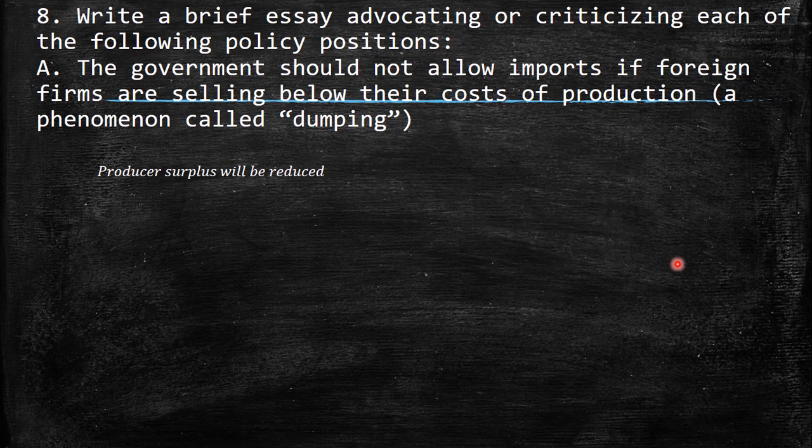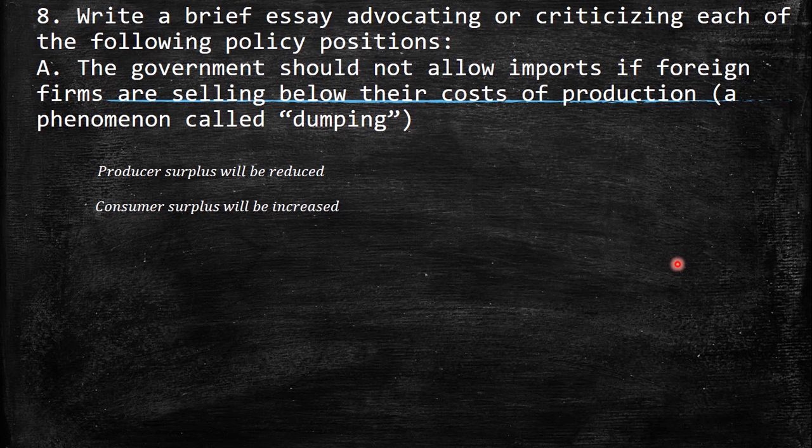How come? Because the producer surplus, given the lower price in the world trade, or like the world price goes down, so in this case, the producers have to supply their goods at a lower price, so they will be affected.